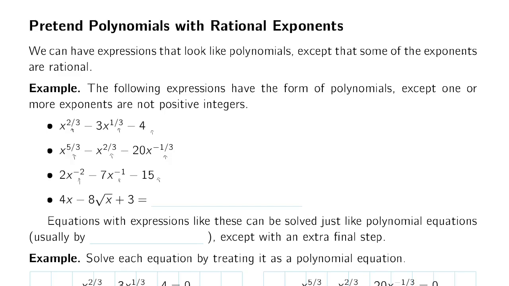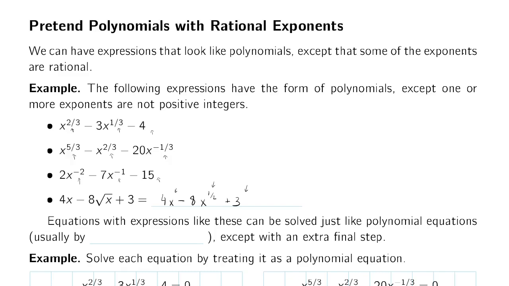This last one, it isn't immediately obvious that it has the form of a polynomial, but we can write the square root of x instead as x to the power 1/2. And now we have one power of x, another power of x, a constant.